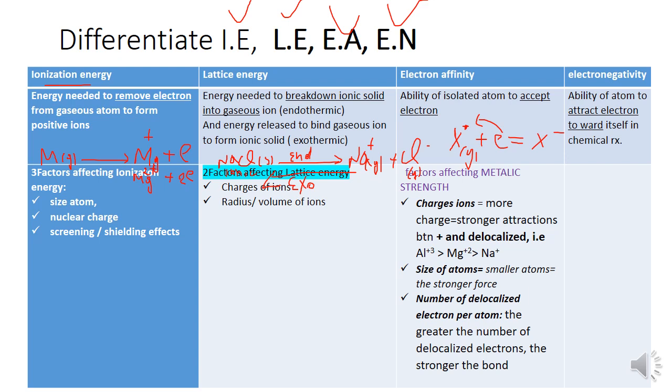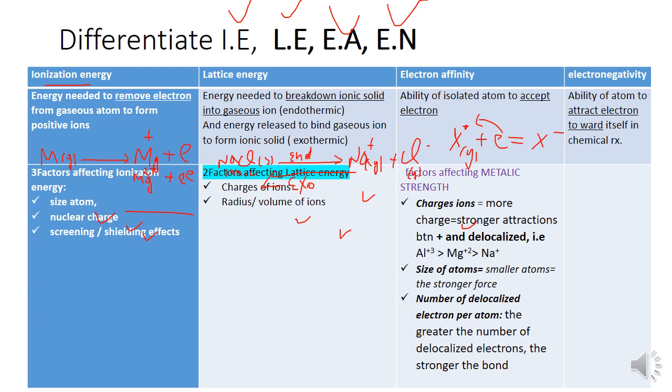The factors that affect ionization energy are the size of the atom, nuclear charge, and screening or shielding. The factors affecting lattice energy are the charge of the ions and the radius or volume of the ions. What about the factors affecting metallic strength? We have the ionic charge: more charge means stronger attraction between the positive ions and delocalized electrons.